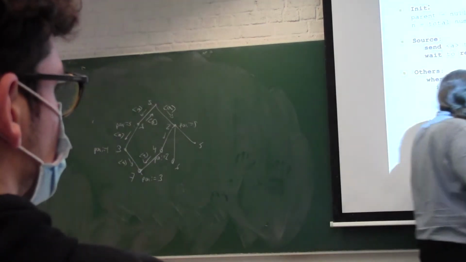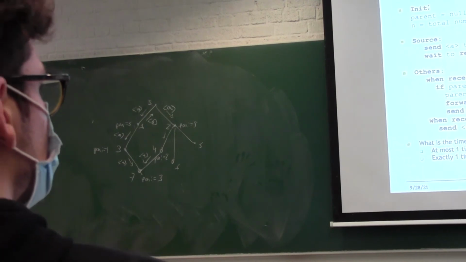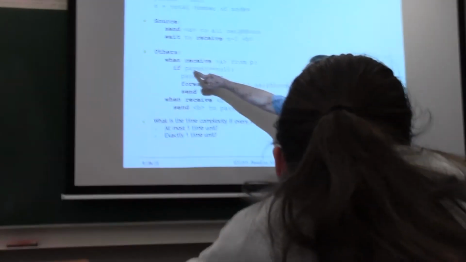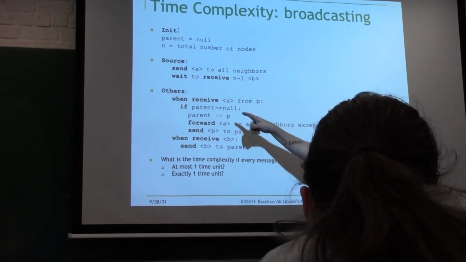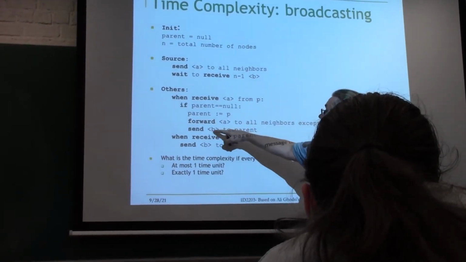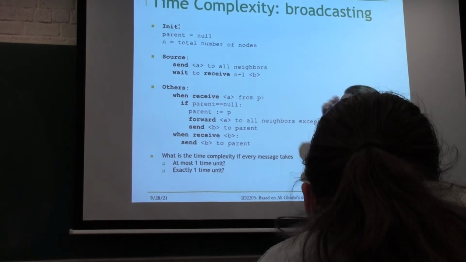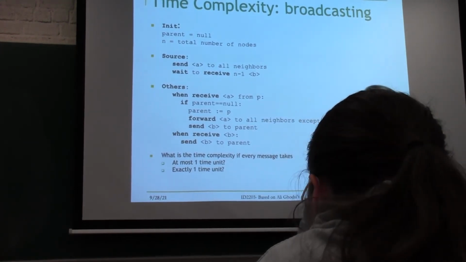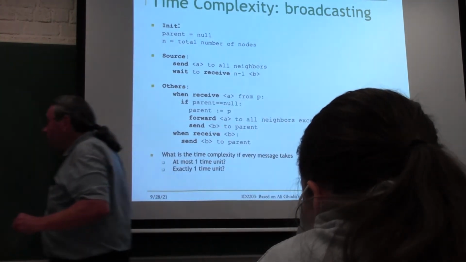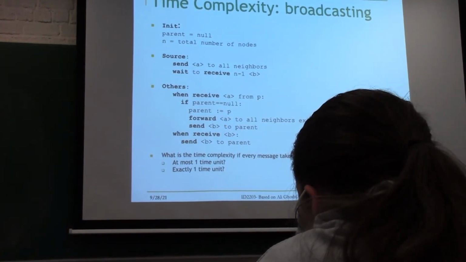So if I receive A from a node and the parent is different from null, then the A is dropped. I do nothing. There's no else case here. So it's only the first A that does something. So this is the algorithm, and you see how it works.